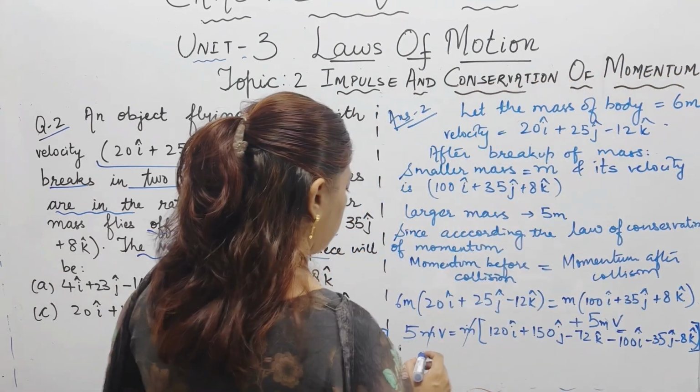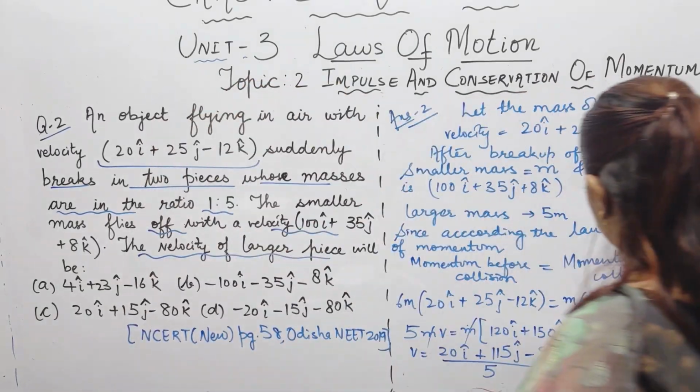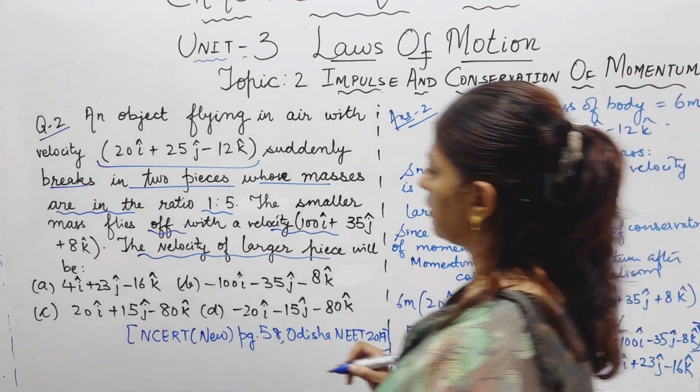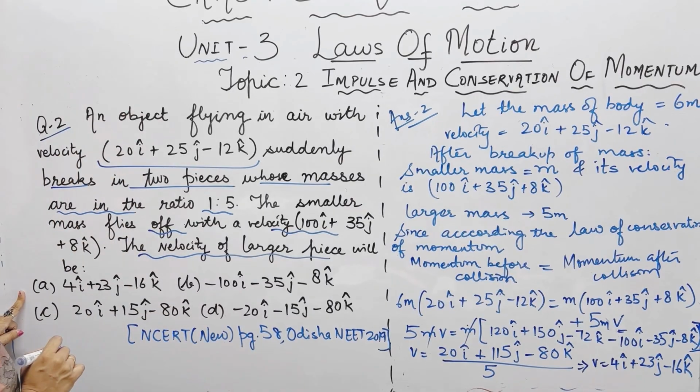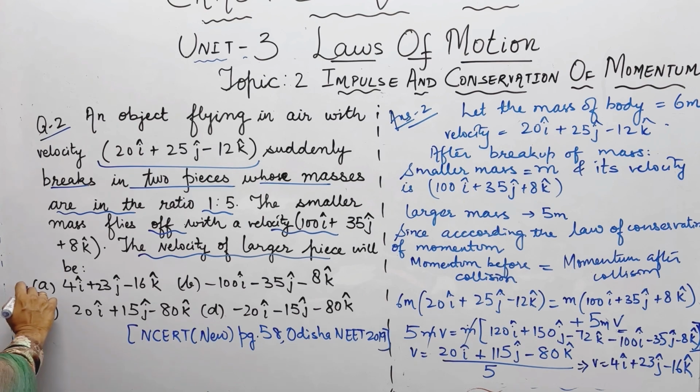So from here we conclude v is equal to 4I plus 23j minus 16k. So this is the velocity of the larger mass. Now if we look at the options, option number A goes with the answer 4I plus 23j minus 16k. So the answer for the second is option number A.